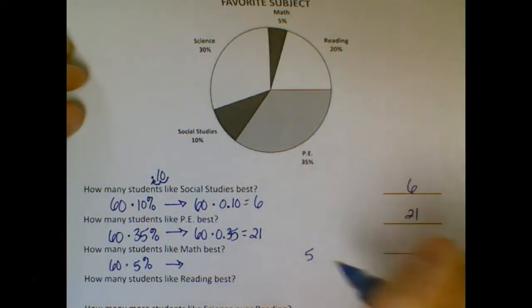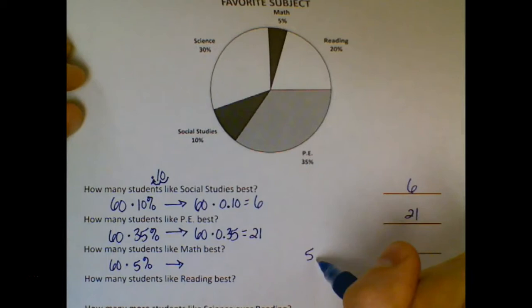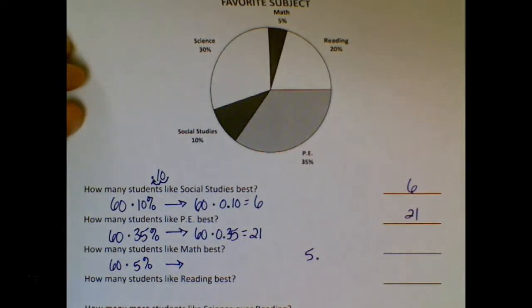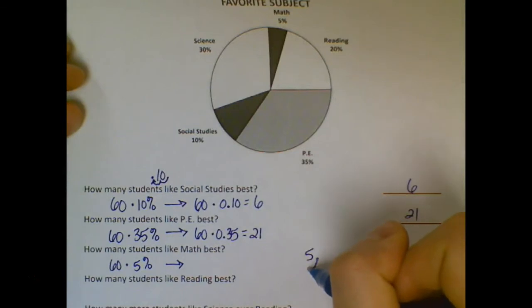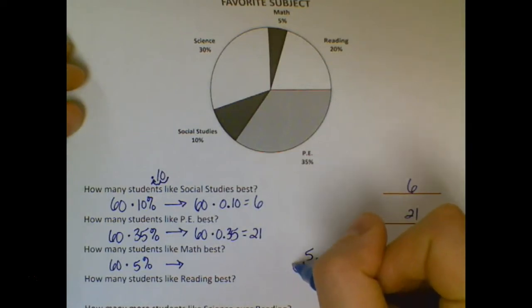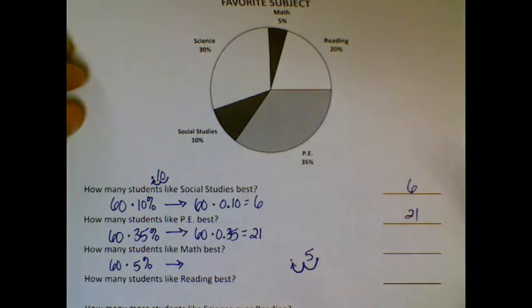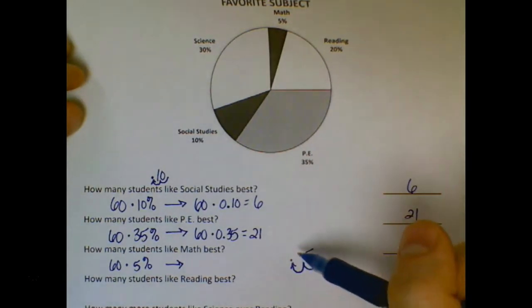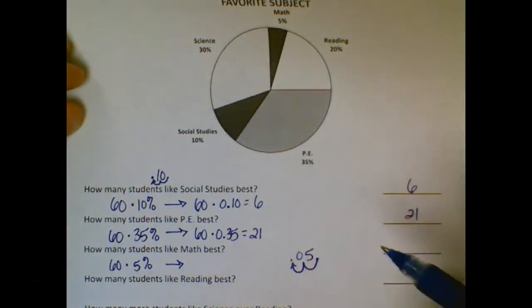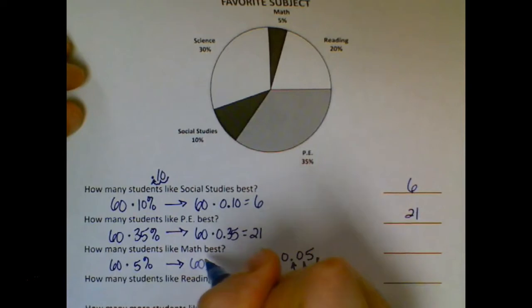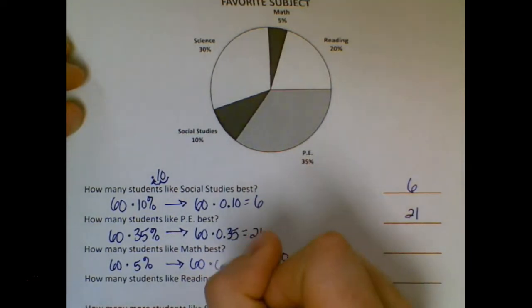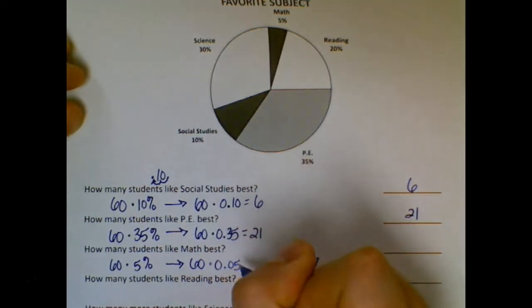So taking 5 and turning it into a decimal, remember that you don't see it, the decimal point's always at the end. Percent to decimal is 2 times to the left, and you get this nice little gap right here. Fill in the gap with a 0, and you get 0.05. So it's not 60 times 0.5, it's 60 times 0.05.